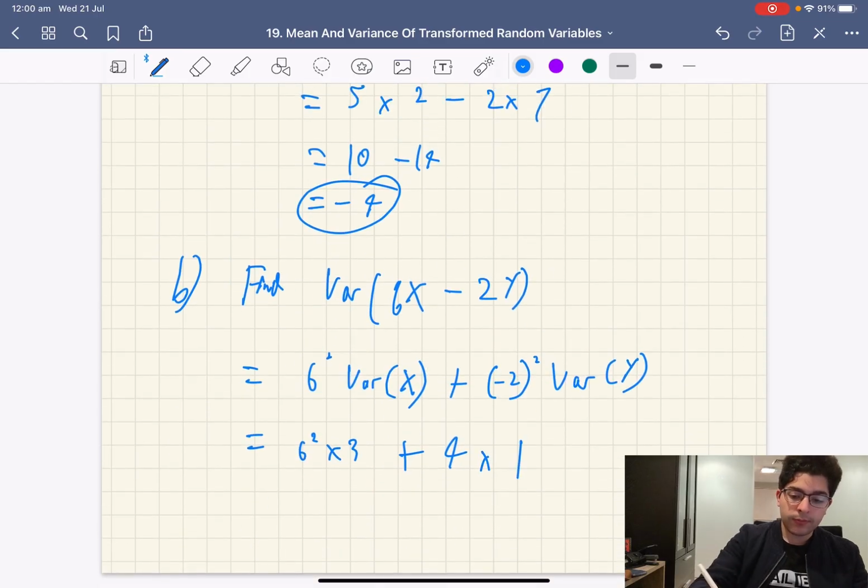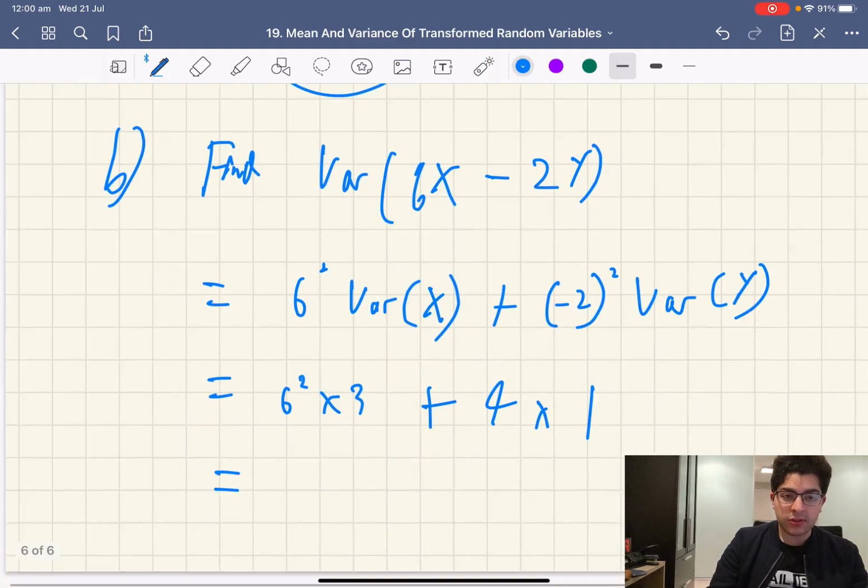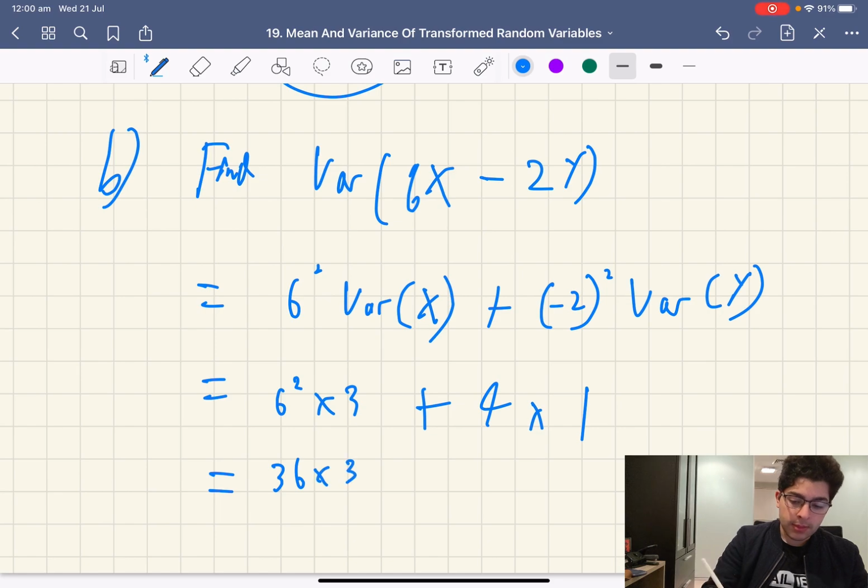As you may observe, even if we have a negative coefficient, for the variance it doesn't matter because when we square it, it becomes positive. So 36 times 3 plus 4.